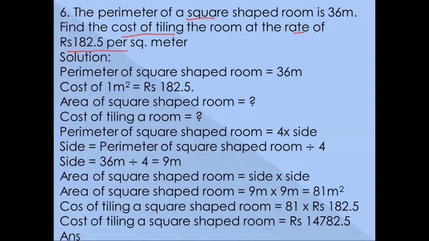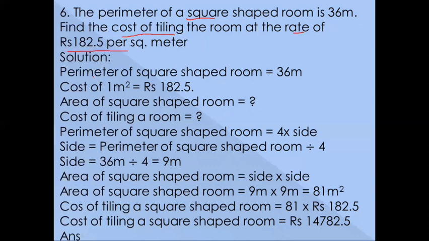And for area we need the measurement of one side. And for the measurement of one side we are given the perimeter. The perimeter of the square is equal to 4 multiplied by its side. Side will be equal to perimeter divided by 4.